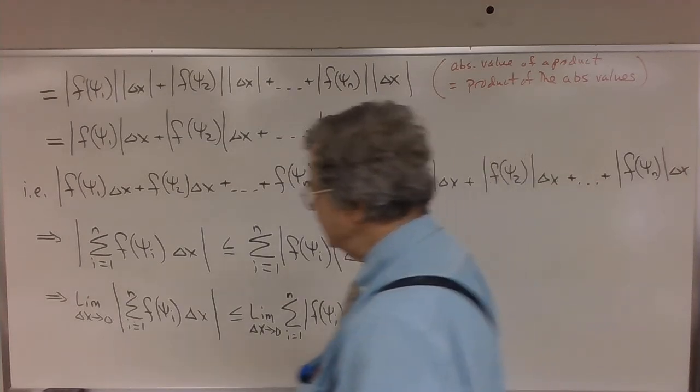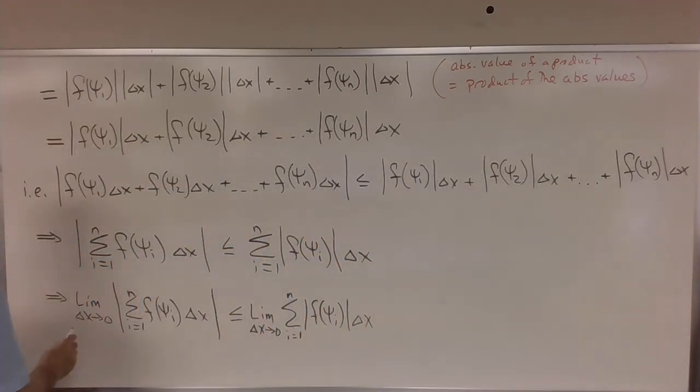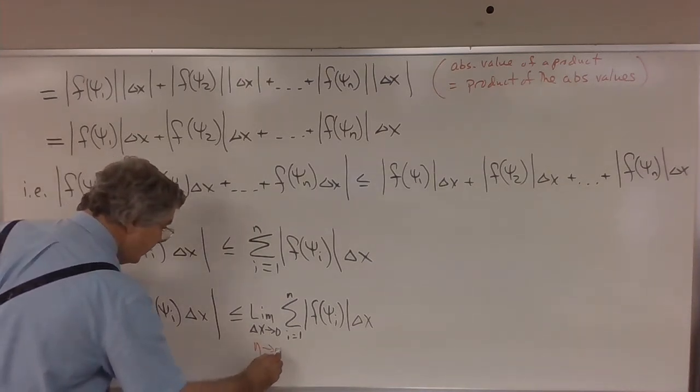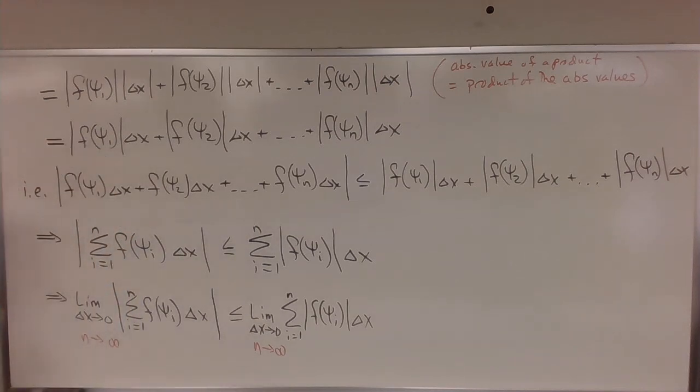And note that while delta x is going to 0, it's also the case that n, the number of subintervals and the number of rectangles, is going to infinity. I don't have to write that, but I'm just reminding ourselves of what's actually happening here.